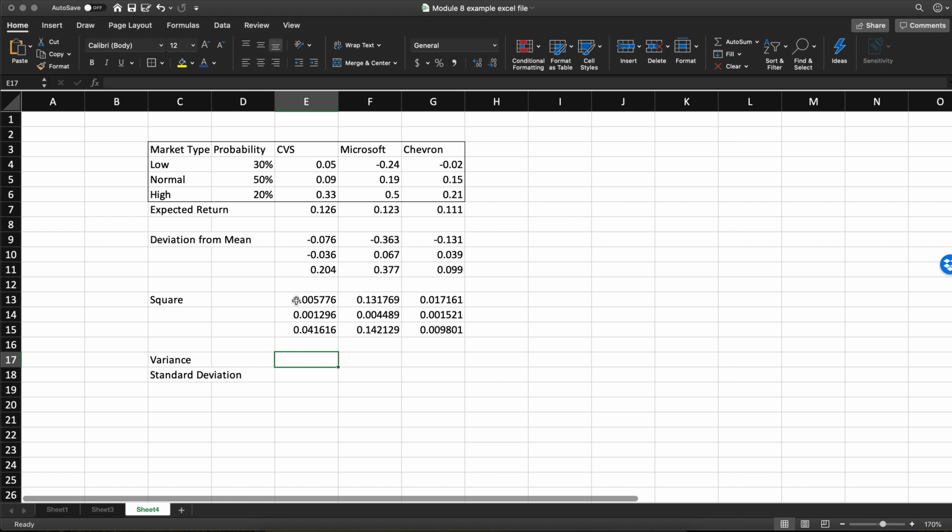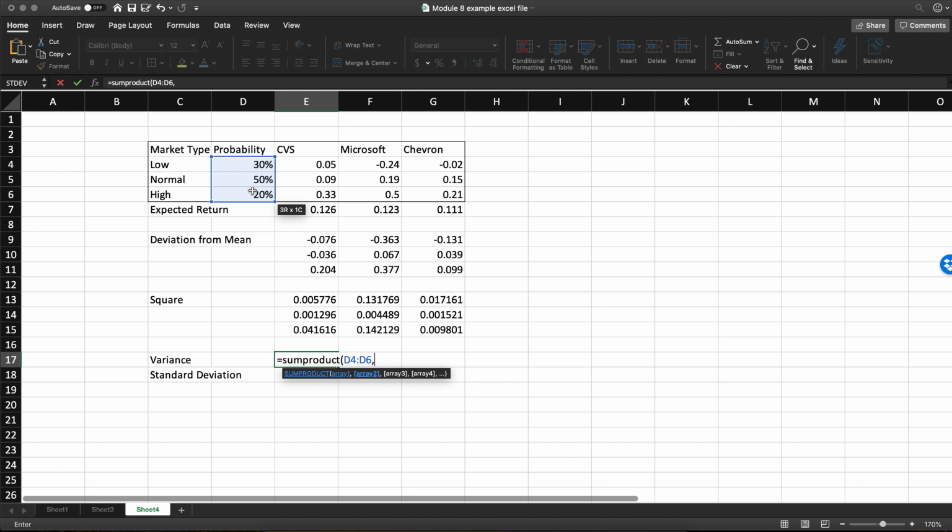If we do another sum product, probability and the variance, and I'm going to lock these. So what we have here is, for instance, on CBS, the variance for the low state of the world is 0.005776, and there's a 30% chance of that happening.